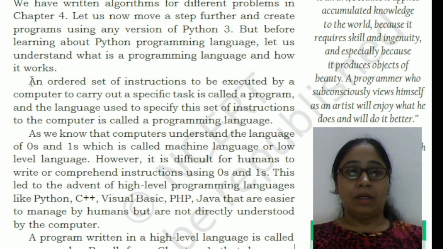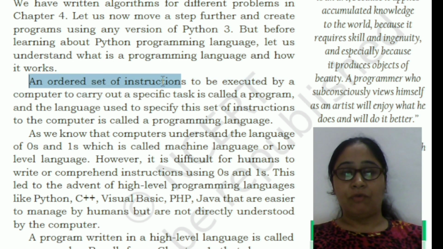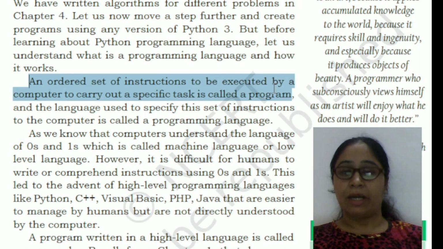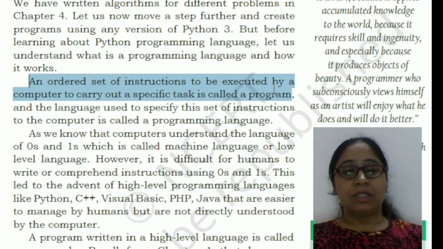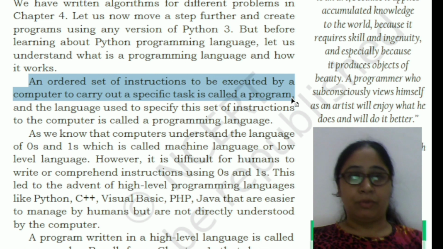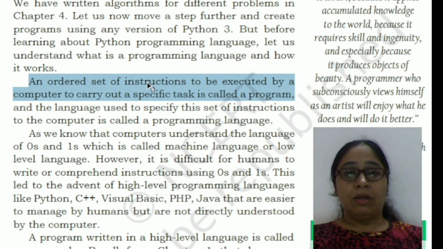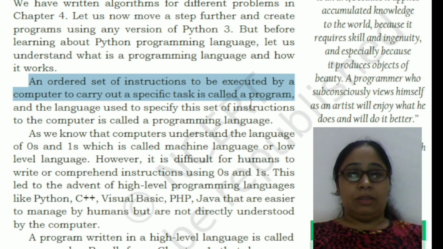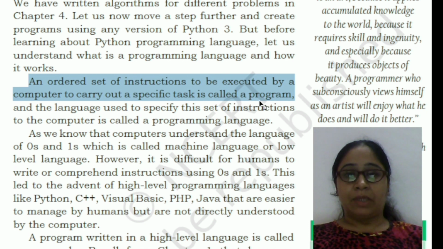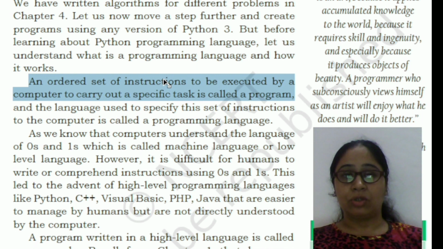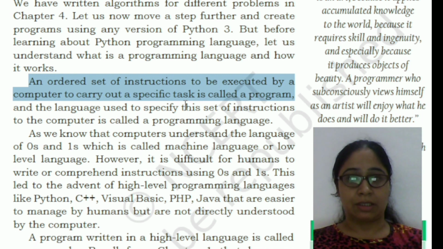तो an ordered set of instructions to be executed by a computer to carry out a specific task is called a program. As you can see, there is a program definition written, that is an ordered set of instructions to be executed by a computer to carry out a specific task.